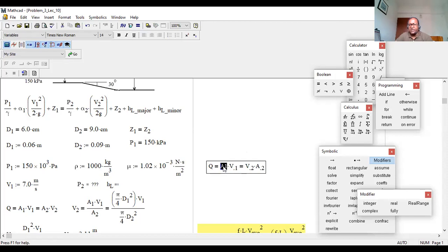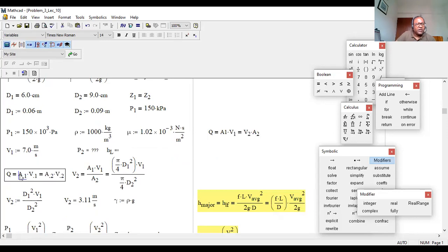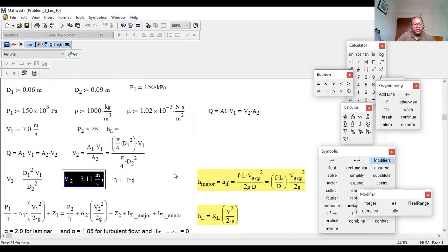Area A1 is given, diameter is given, and right over here the diameter is given. So easily you can figure out V2, and also Q if you need it. So V2 equals A1 V1 divided by A2. The areas are given, you get V2 this much. So V1, V2 we already know.